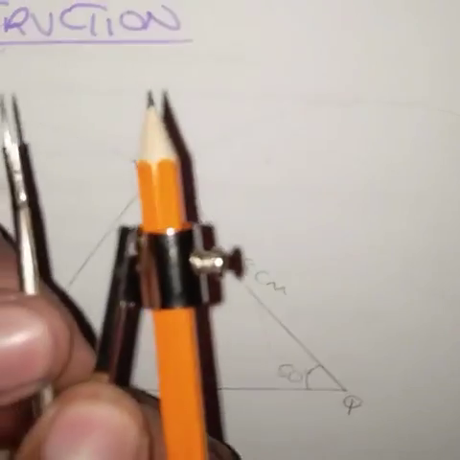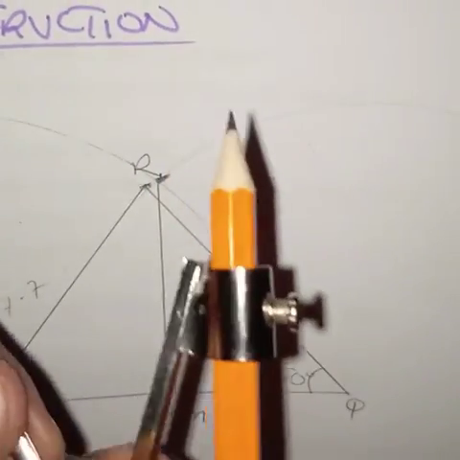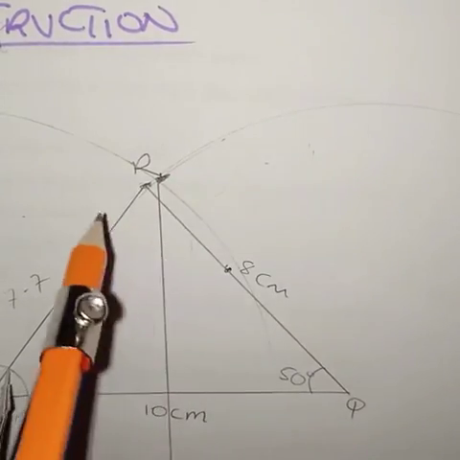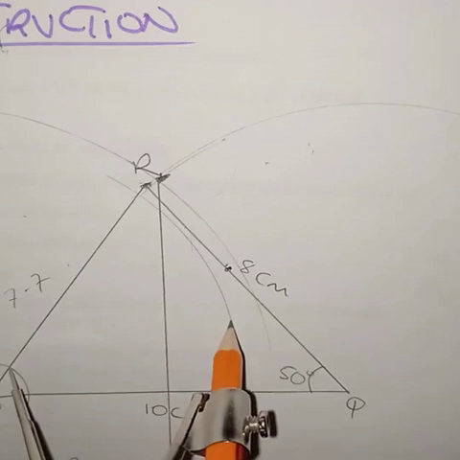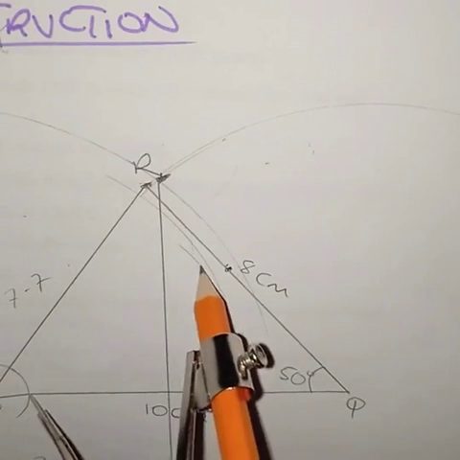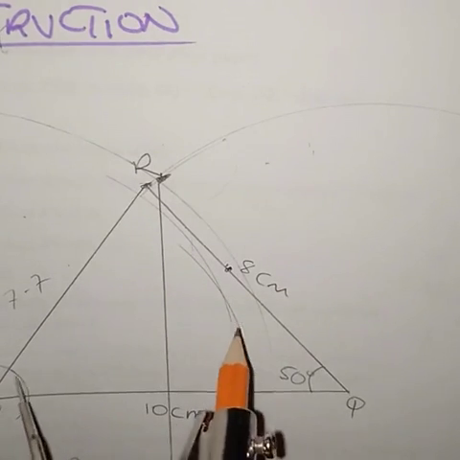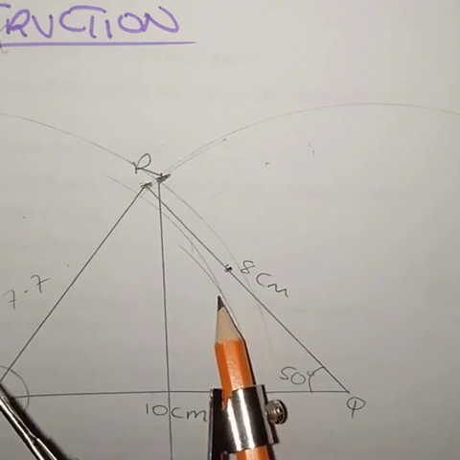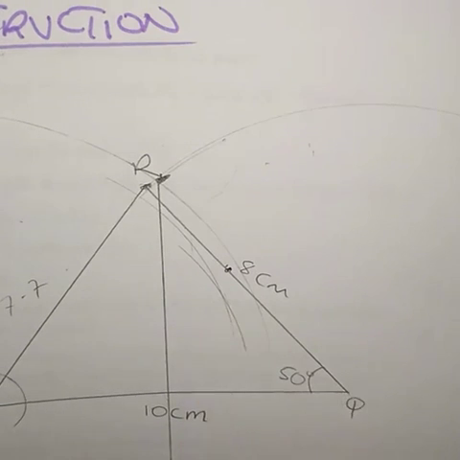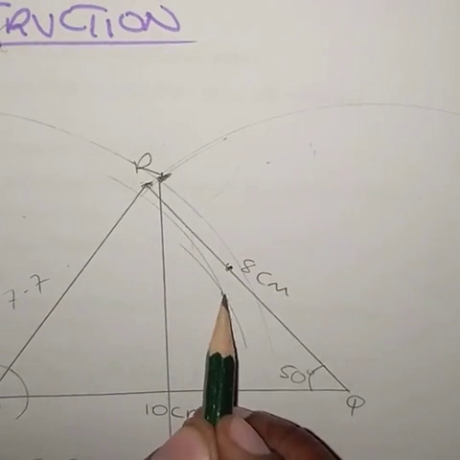So I open it widely. When you stand here, you draw your locus. You also stand on the other leg. You draw your locus. You see, they have crossed somewhere. Here, they have crossed here. They have crossed here. So where they have crossed, I'll put a point.